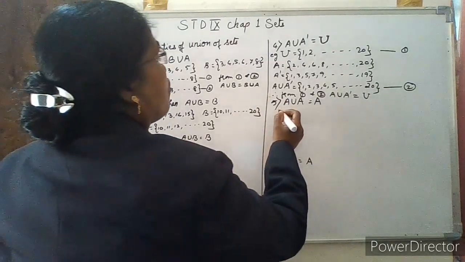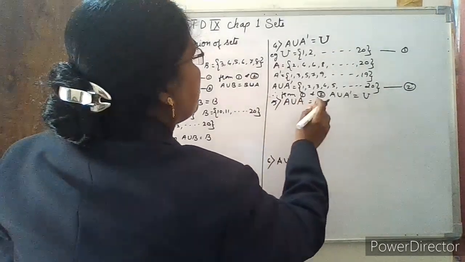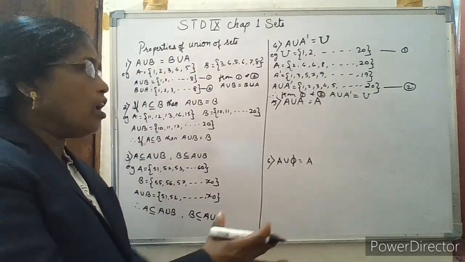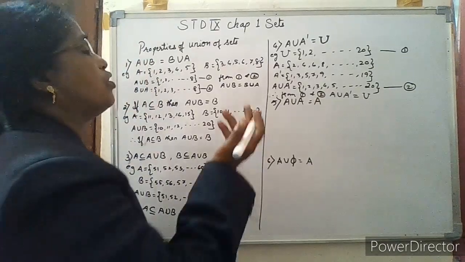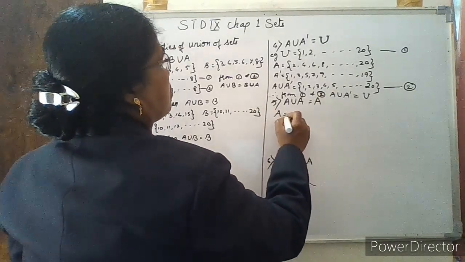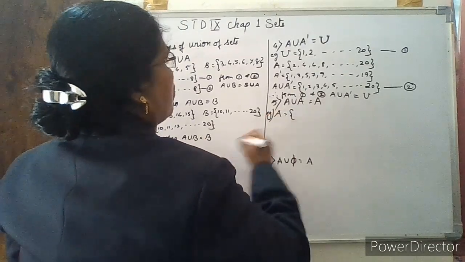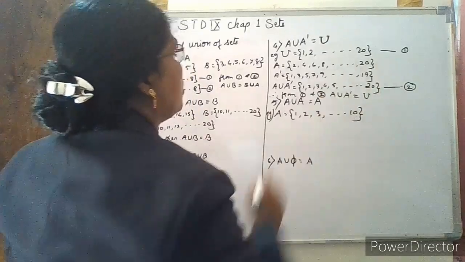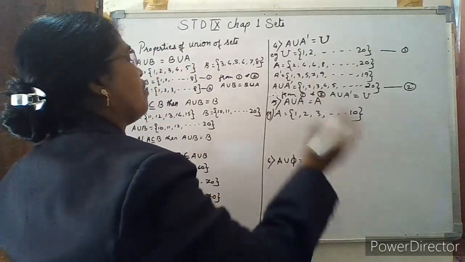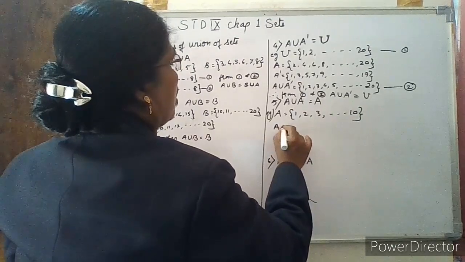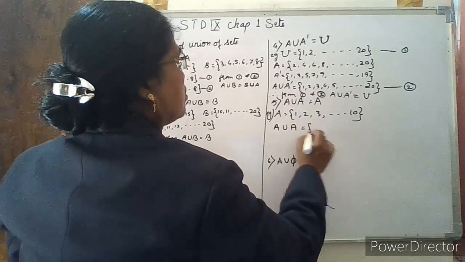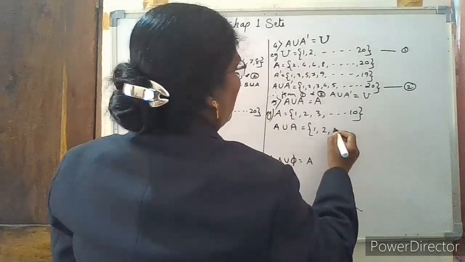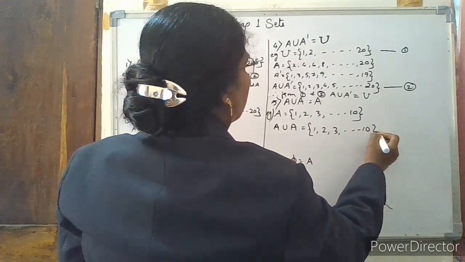Now, fifth property, A union A. Set A union itself is equal to set A itself. If I take set A as 1 to 10, itself with itself union, it is A union A. Same with the same, union you have to do with the same set 1, 2, 3, it will be the same.